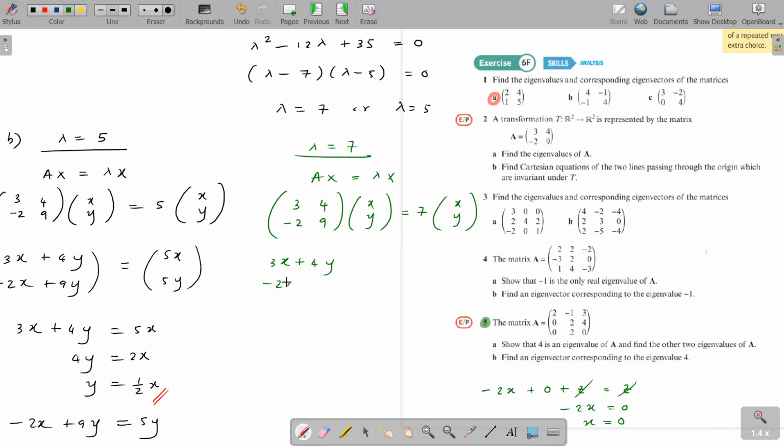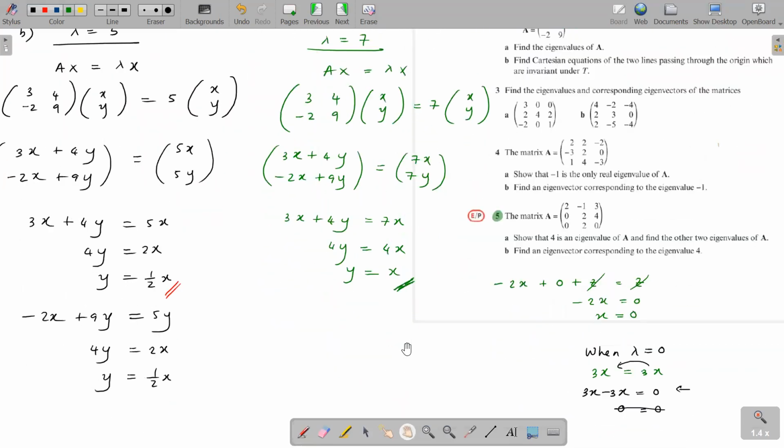This is minus 2x plus 9y. 3x plus 4y equals 7x, and I get here what? 4y equals 4x, right? Which means y equals x, so this is the other invariant line. Even if you solve the other equation over here, you would still get y equals x. So the two invariant lines under the transformation T are y equals x and y equals half x.